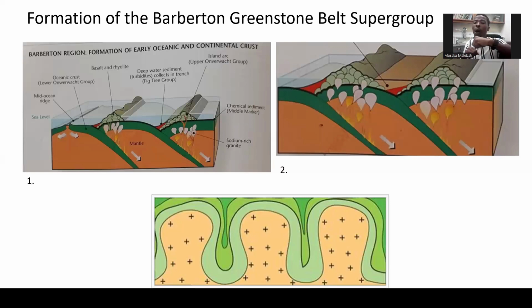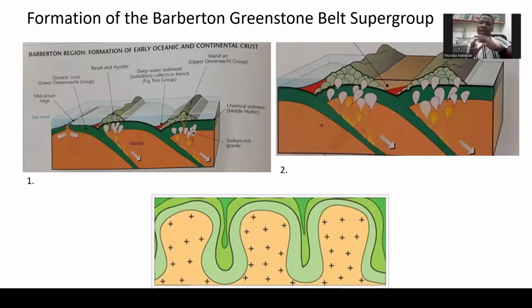Now, as it was pushed away, we had the iron oxide and silica-rich sediments, which buried that lower Onverwacht. And this layer of chemically precipitated iron oxide and silica is known as the metal marker, which is why the metal marker is overlying the lower Onverwacht.